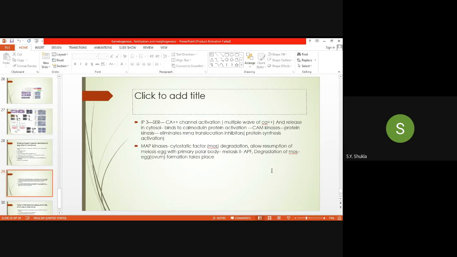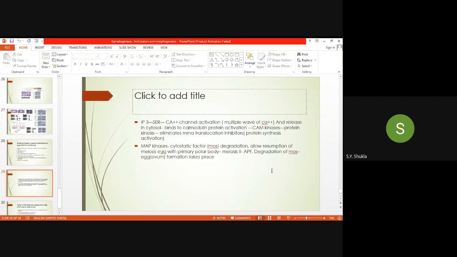But side by side, this is an important point: in the last lectures on internal fertilization, we saw that there is degradation of Mos, which is a cytostatic factor, and because of this the egg arrested in metaphase 2 now continues to complete its oogenesis.